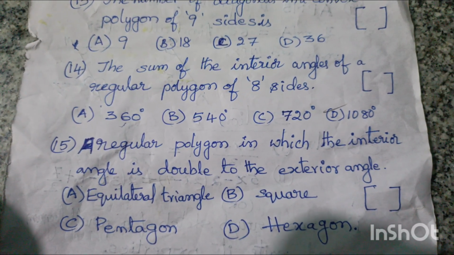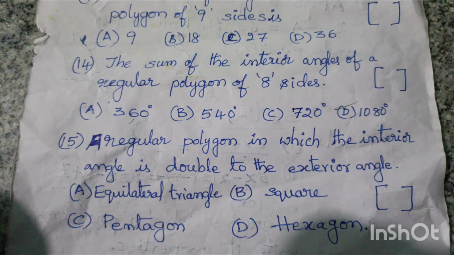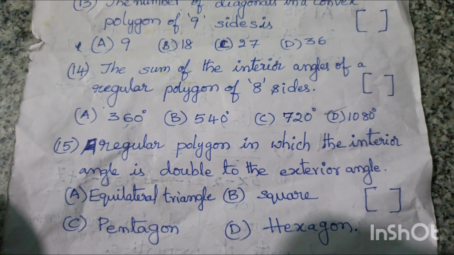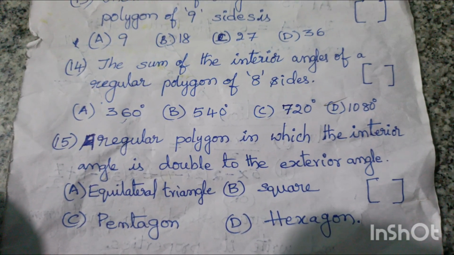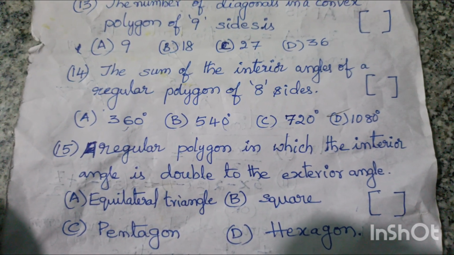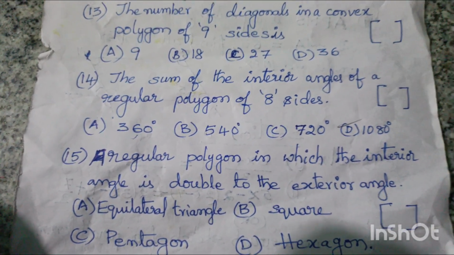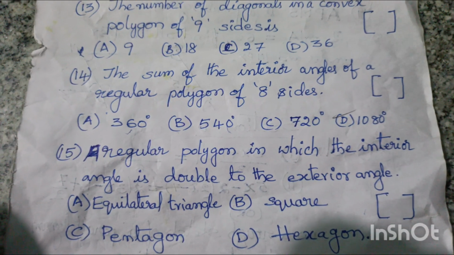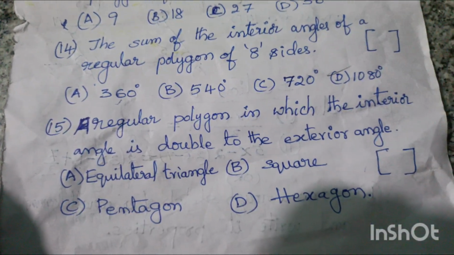So leave that one. Next, B, square. Each interior angle 90, hence each exterior angle is also 90. So here you can notice that where exterior angle is equal to interior angle, that is the square. Now we want double.